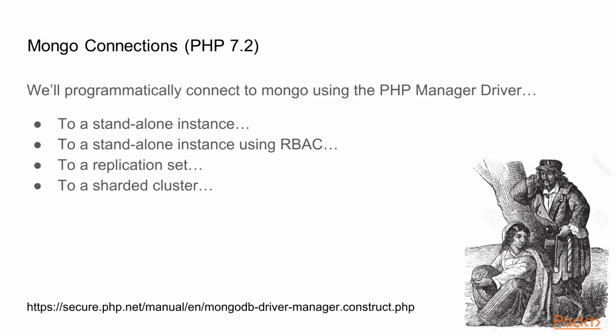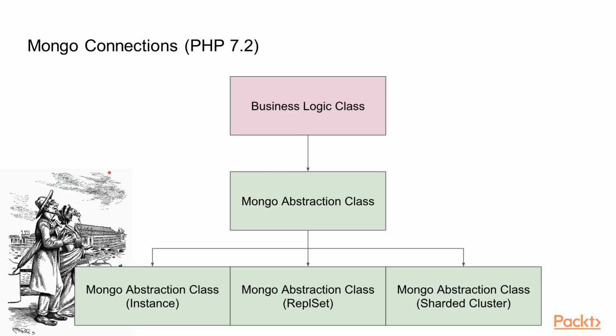Now let's talk a little bit about how we're going to set up the class structure of the driver itself that we're going to be writing for our application. Whenever we write an application in the real world using PHP, and we're going to connect to Mongo, we're going to do this in a class structure. And obviously, the business logic class is the instantiation class.